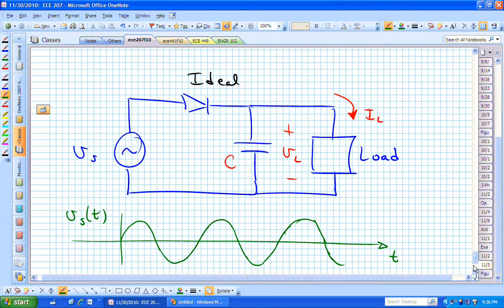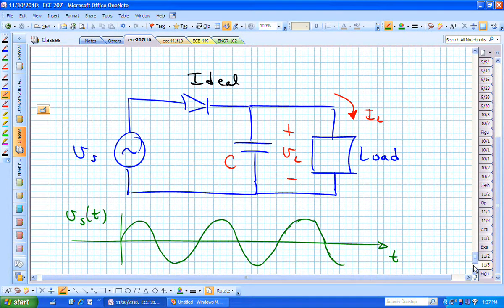What's going to happen as that waveform gets applied to that diode? If it's an ideal diode, what are you going to start seeing to the right of that diode as far as V sub L might be concerned?